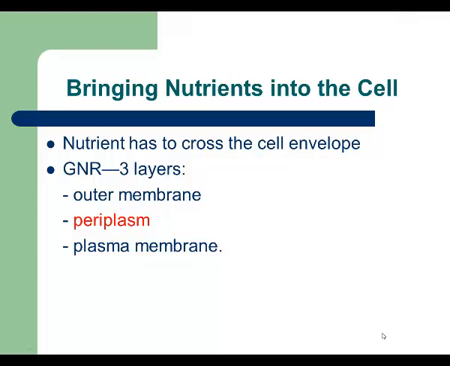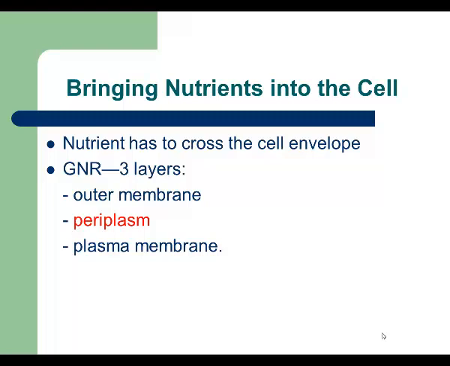Alright, so the first metabolic task is called bringing nutrients into the cell. It means nutrients have to go from the environment into the cytoplasm across the cell envelope. Remember, in the previous lecture I told you that the cell envelope of gram-positive bacteria is composed of two layers: plasma membrane and cell wall.